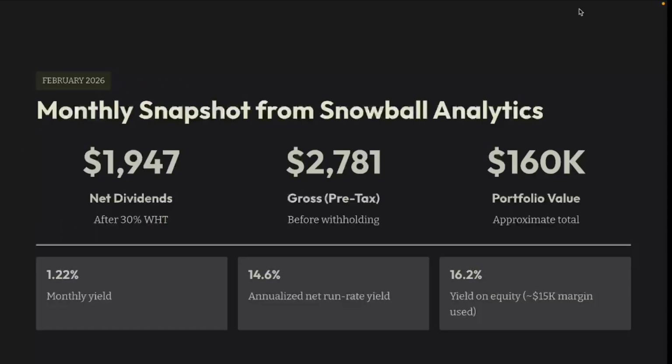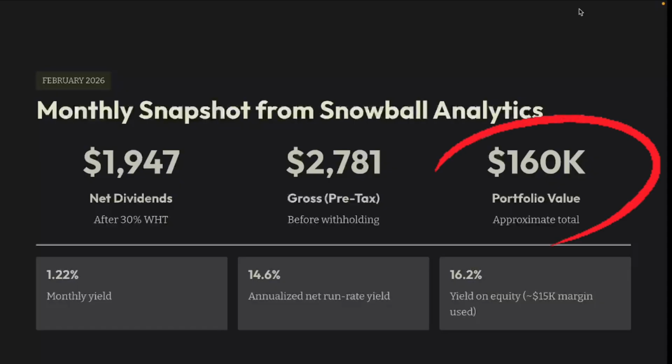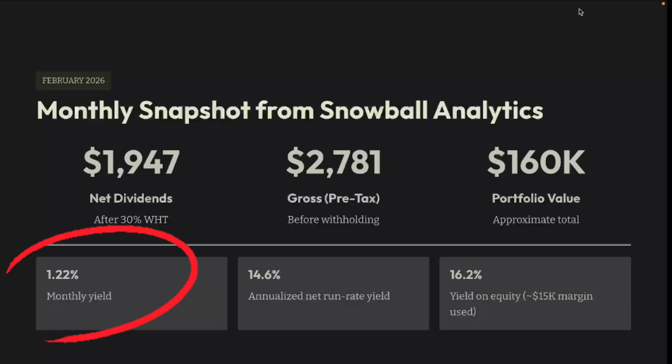If I gross that up before tax, it will be about $2,781. My portfolio value is approximately $159,659. So if I divide February income by portfolio value, that gives me about 1.22% for the month.